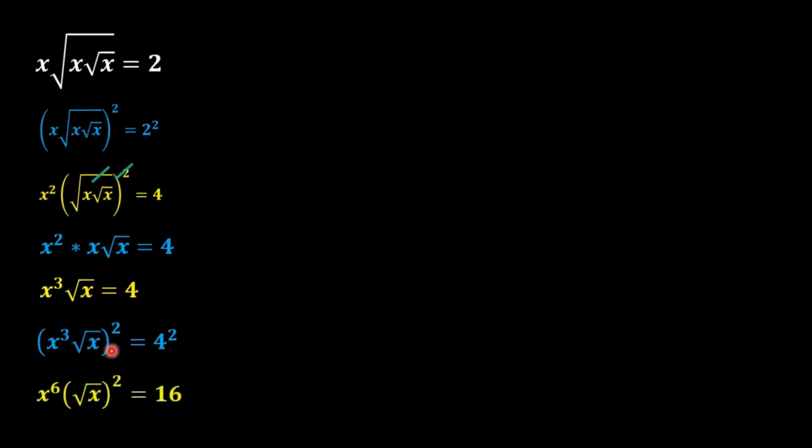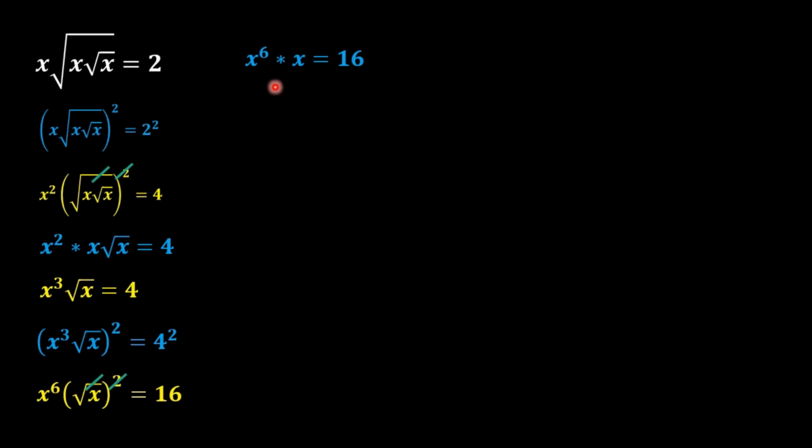As a result, we should get x to power 6, because 3 times 2 is 6, and (under root x) power square, and 4 square can be written as 16. Now this square and this root will cancel out together. As a result, this x will come out from the root, and we should get a new equation as x to power 6 into x equal to 16.